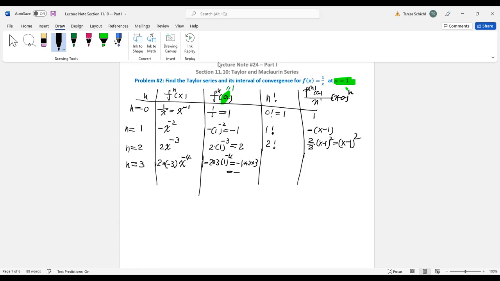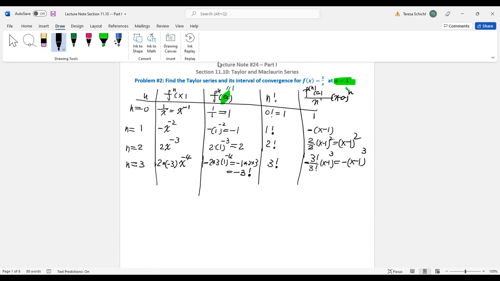So this is 3 factorial, and n factorial is also 3 factorial. Oh my gosh, this cancels out, which is very good. So this will be 3 factorial over 3 factorial, then x minus 1 to the 3rd, which gives you negative x minus 1 to the cube.